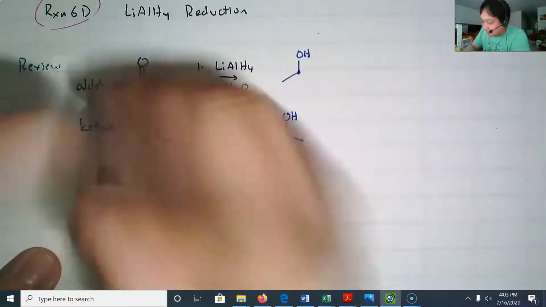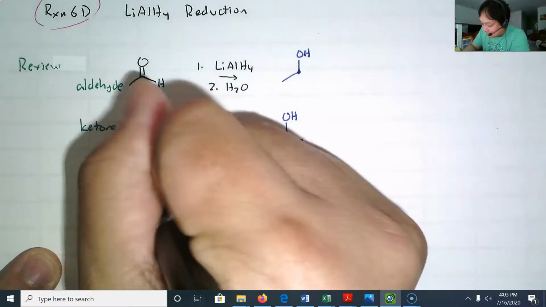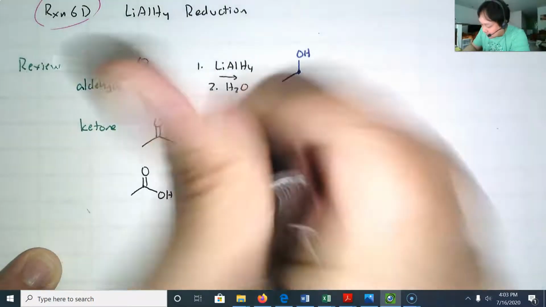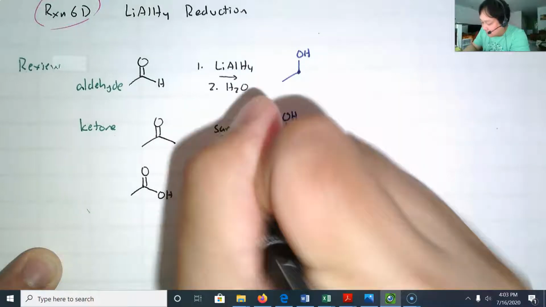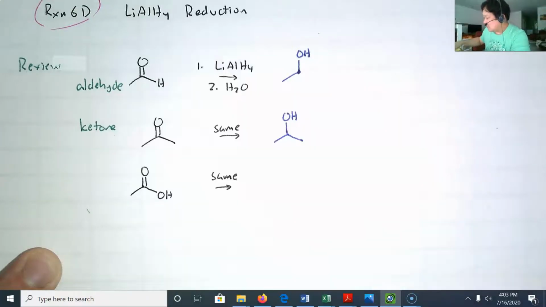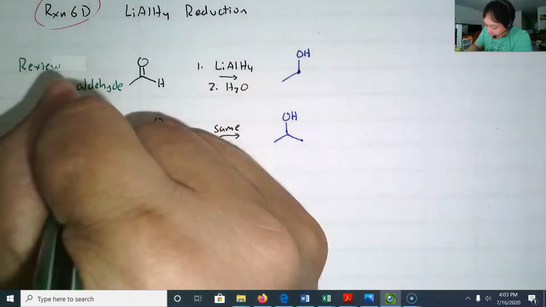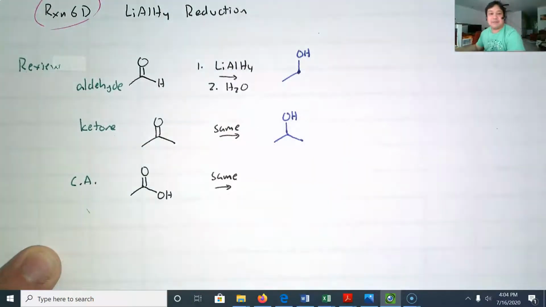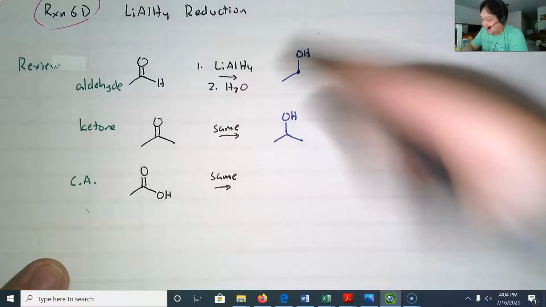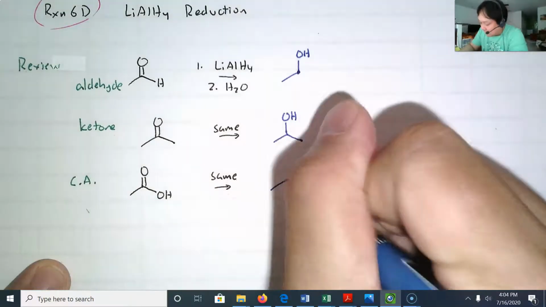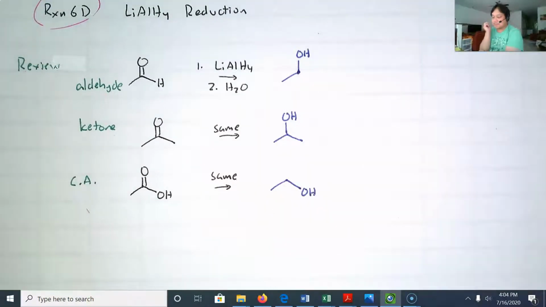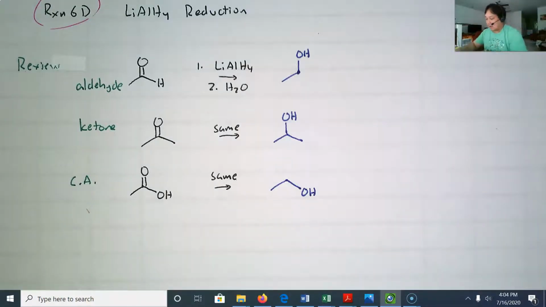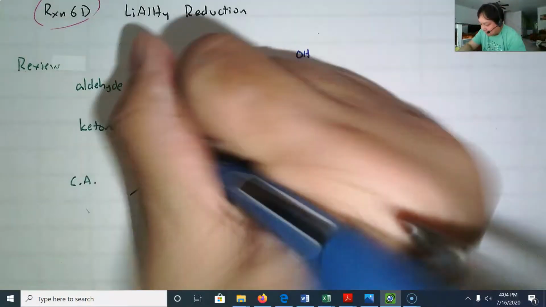Do you recall what happens with the carboxylic acid? We had done, in a previous unit, reduction of carboxylic acids. I'll just put the same reagent. It reduces it all the way to the alcohol as well. Primary alcohol. Alright. That's all review.